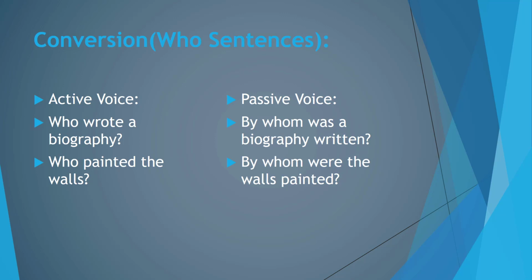Dear students, since we have inquired about the subject, who is used in active voice but by whom is used in passive voice. The point to remember is that always use helping verb next to by whom, not after the object. For example, I wrote was before biography, not after it, and I wrote were before the walls, not after it.